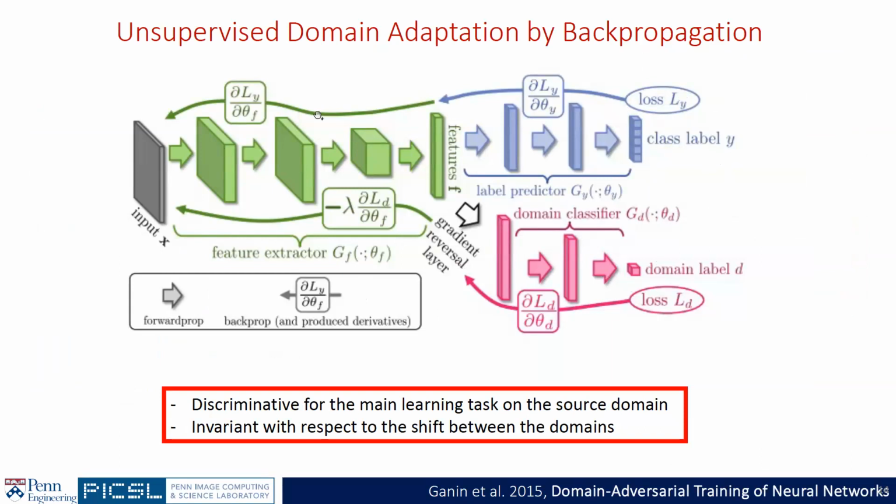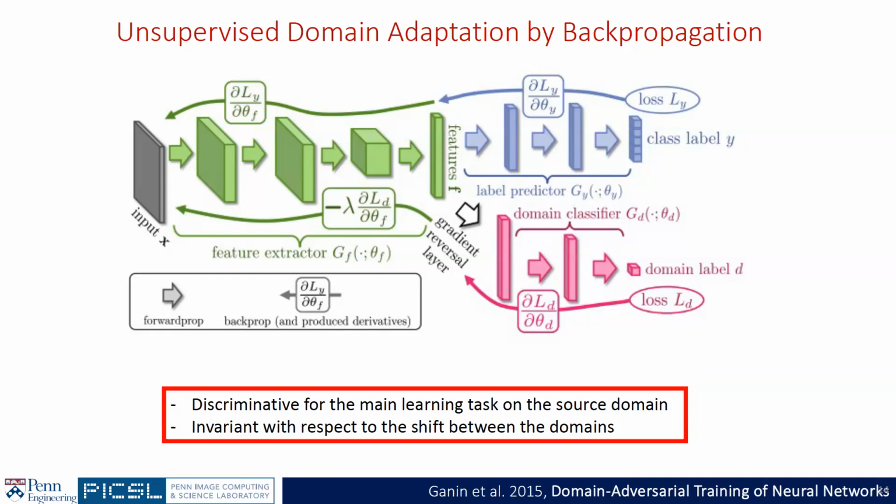So it makes sense that you have your class labels, and it is just a vanilla CNN or vanilla MLP, which is classifying these labels. And this part is basically trying to distinguish where that particular image is coming from, domain 1, domain 2, or domain 3. But as I mentioned, we don't want that. We want to confuse the network so that it is not able to tell where the particular image is coming from.